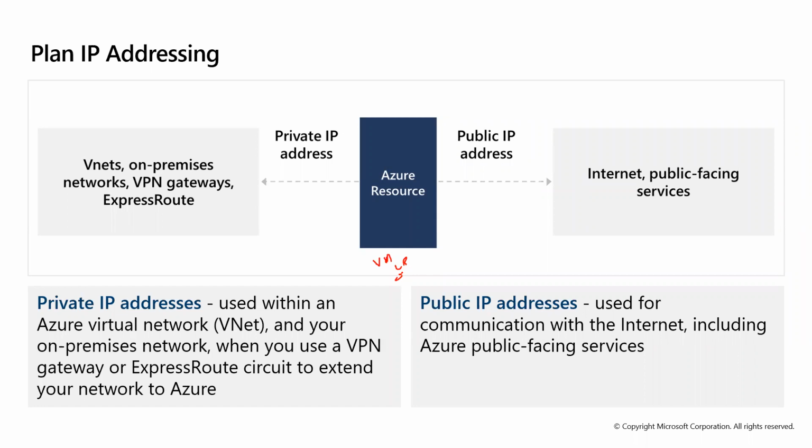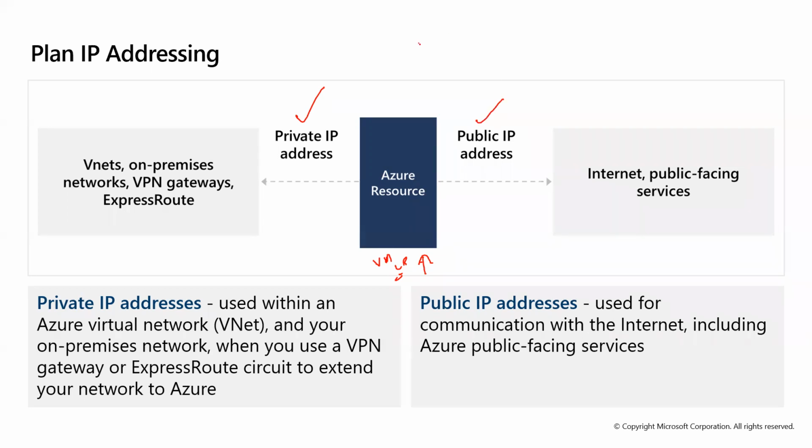If you are hosting an application that needs to be accessed through a load balancer, that also requires an IP address. So your Azure resources require IP addresses. Now, what addresses do they need? They will either have private IP addresses. They will also sometimes have public IP addresses as well.